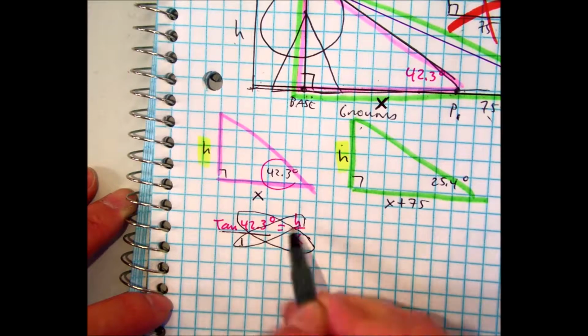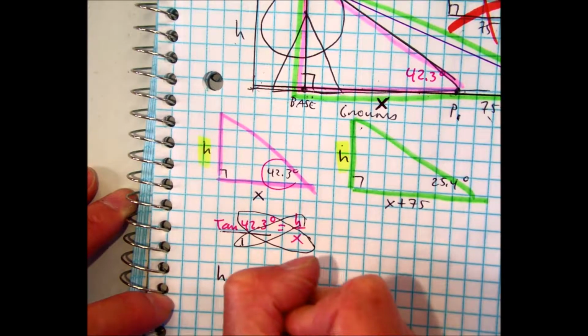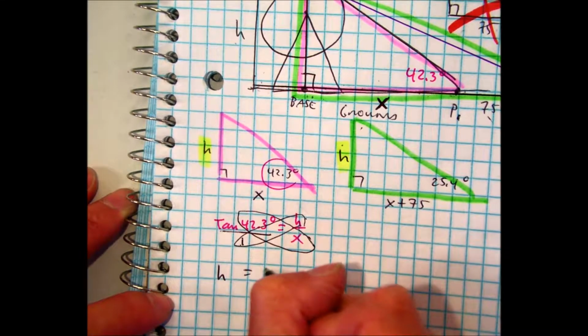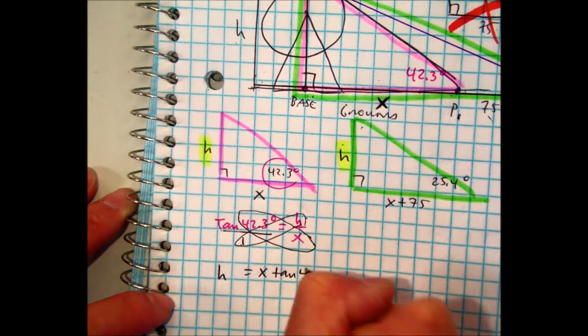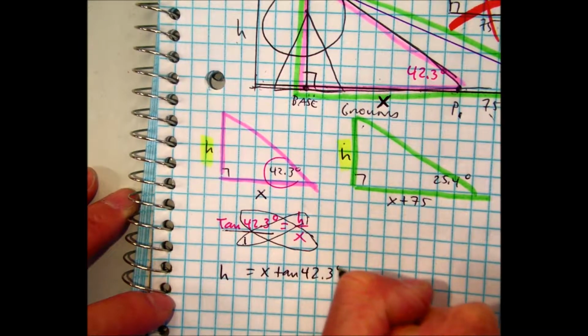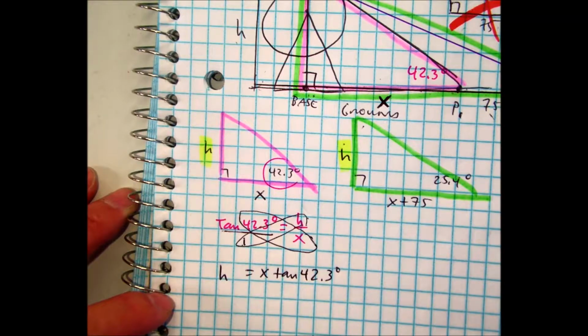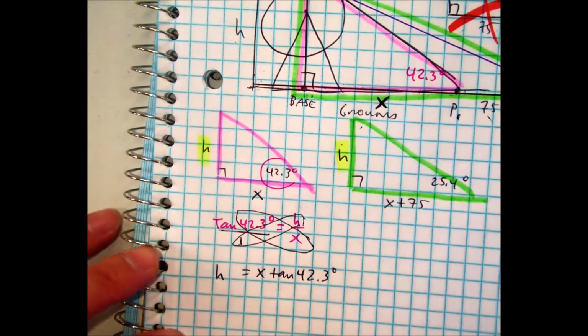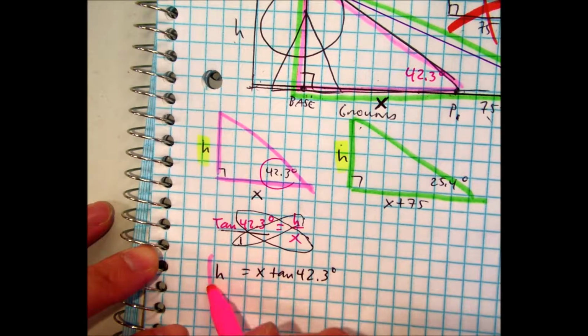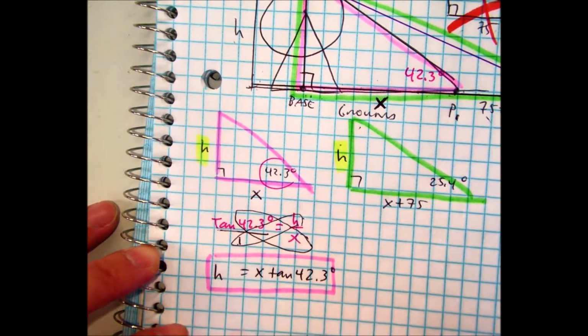I have 1 times h, or just h, equals x times tangent of 42.3 degrees. Here I've just solved for height in terms of x.